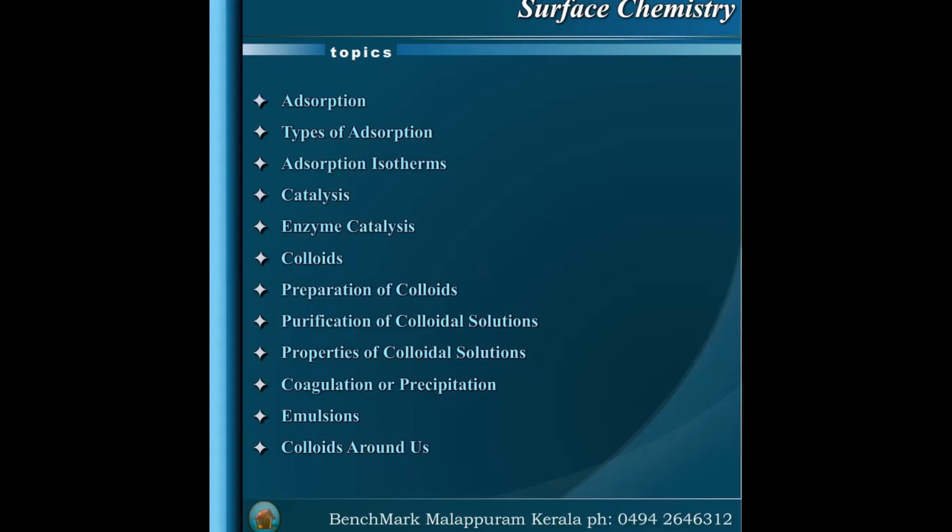Next is coagulation or precipitation. What is coagulation or precipitation? The stability of a lyophobic sol is due to the presence of charge on colloidal particles. We have learned earlier, when there is a charge, they are stable because repulsion takes place.